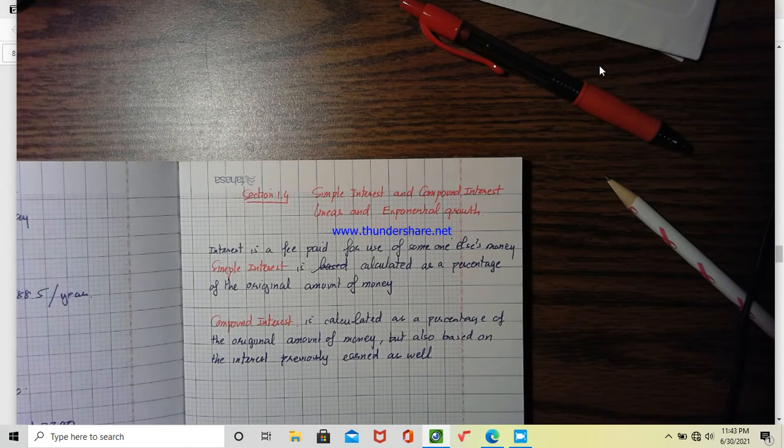For example, you borrow $10 from me. On the first day, I say that the interest is 10%. It means that you have to pay me back $10 and 10% of that $10, which is $1.